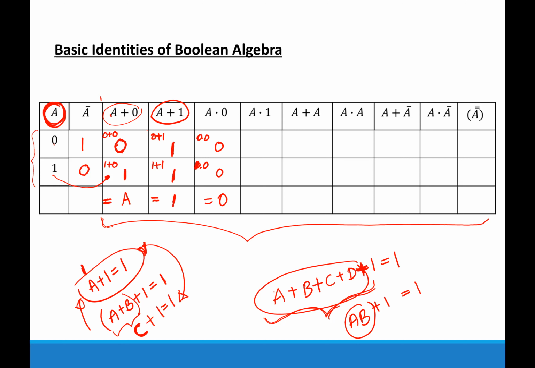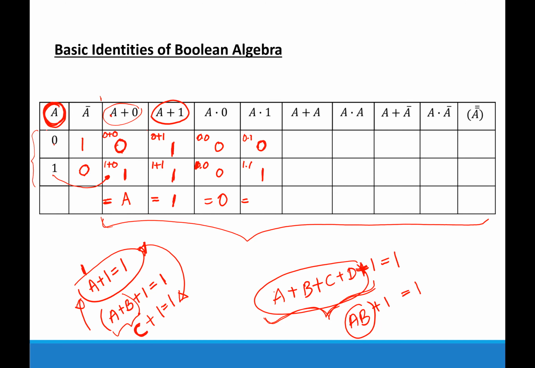And next one, that one is also a simple one. A times 1. When A is equal to 0, 0 times 1 is 0. When A is equal to 1, 1 times 1 is 1. Now, what's the final answer? If we take A times 1, you can see here we get again 0 and 1.